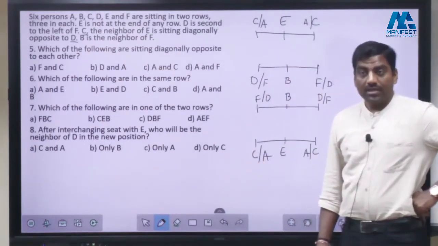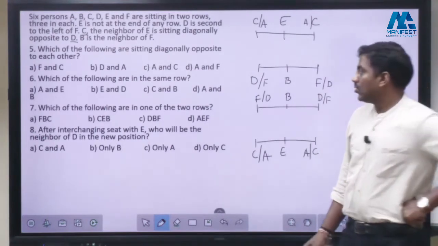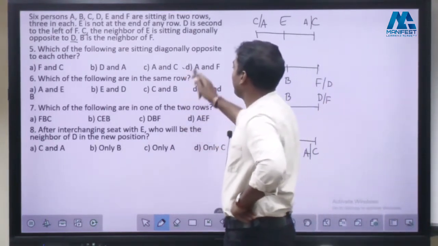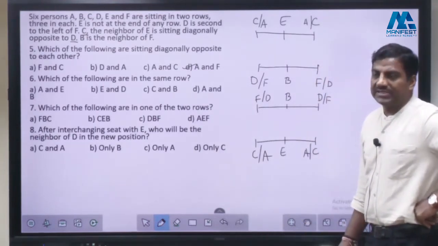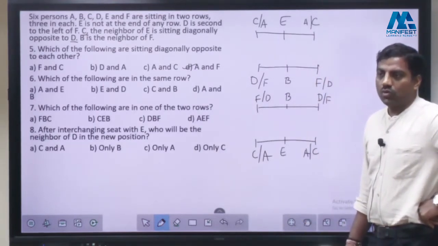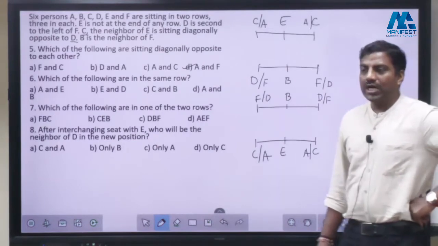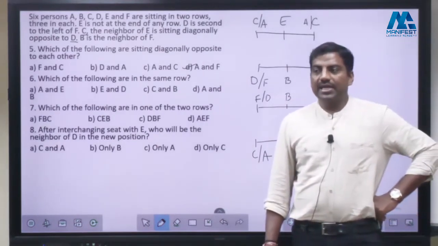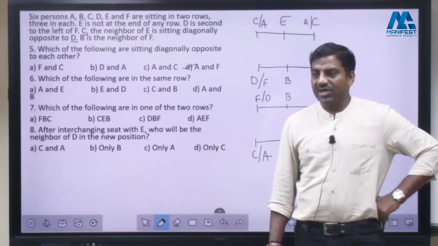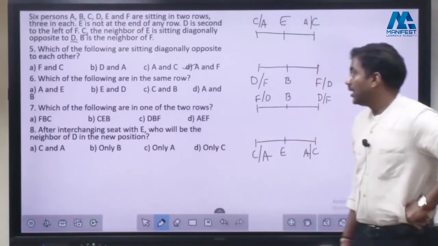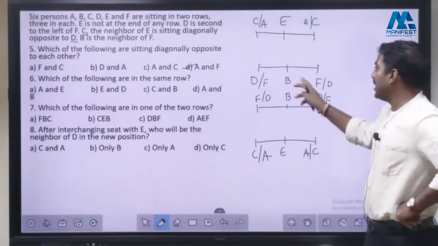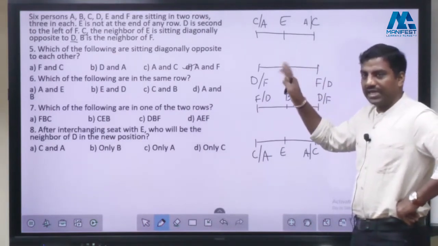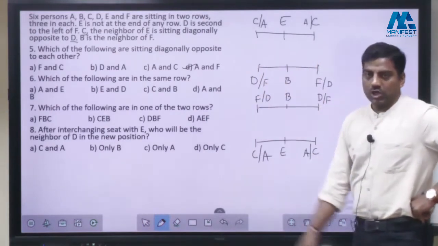A and F. A and C not possible. A and D not possible. F and C not possible. See, C and D already are diagonally opposite. So only two persons are left now. That is F and A. Okay, you can take B and E also, diagonally opposite, but the option is not there.